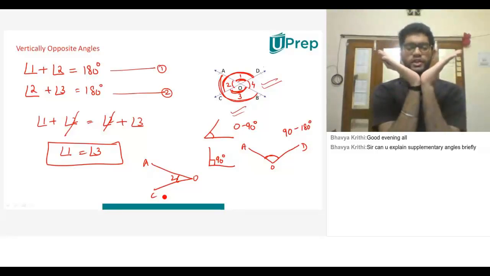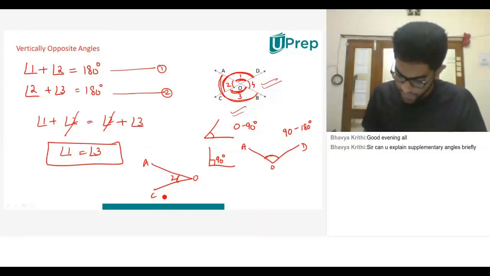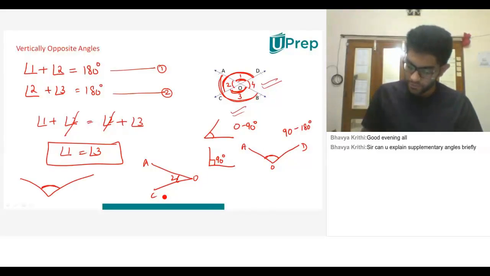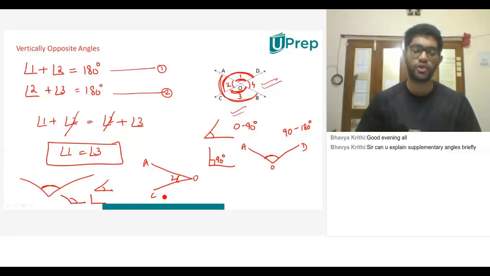Because if you look at a shape like this, what kind of an angle do you think my palms are forming in the middle? If I just put something like this, what do you think this would form? If this is forming something less than 90 and this is forming exactly 90, what if I just do that? Isn't it forming something more than 90 and less than 180?